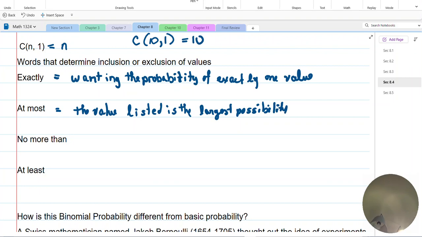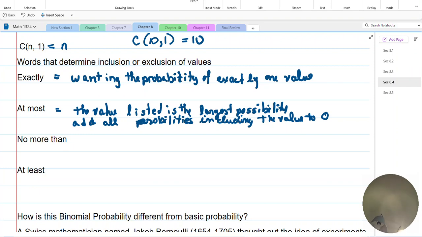This means we have to add all the probabilities, because that's what we're working on, including the value down to 0.